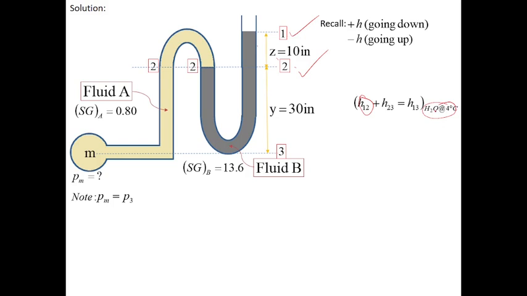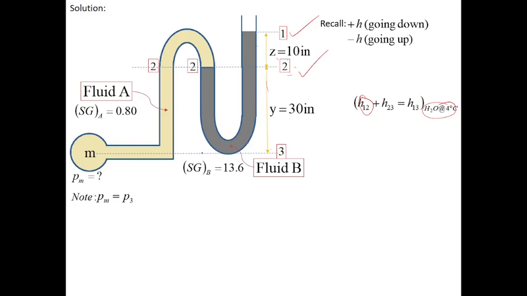Next, from point 2 to point 3. Okay? Now, take note that we start from 1 to 2, then from 2 to 3, the substance is still mercury, right?